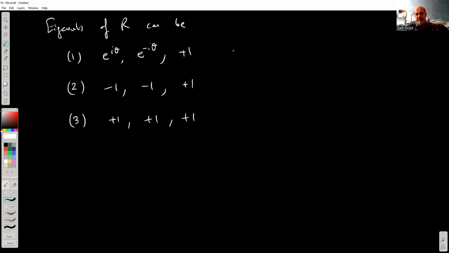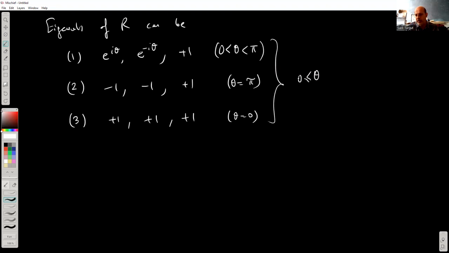In the first case, theta is an angle between 0 and pi, 0 and 180 degrees, excluding these limits. It turns out that the second one is just a special case where that angle is equal to pi, and the last one is a special case where the angle is equal to 0. So I can think of all of these possibilities together, where theta is greater than or equal to 0 and less than or equal to pi.